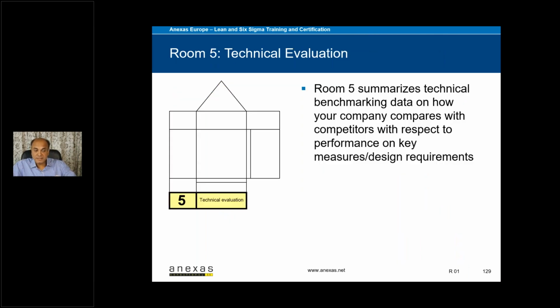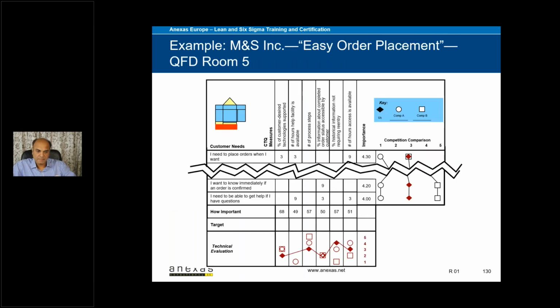Then I do a technical evaluation also. As compared to the customers, what is my performance in terms of CTQs? For percentage of customer desired technologies, how am I placed against competitor A and B? You can see that you are a little bit lower.